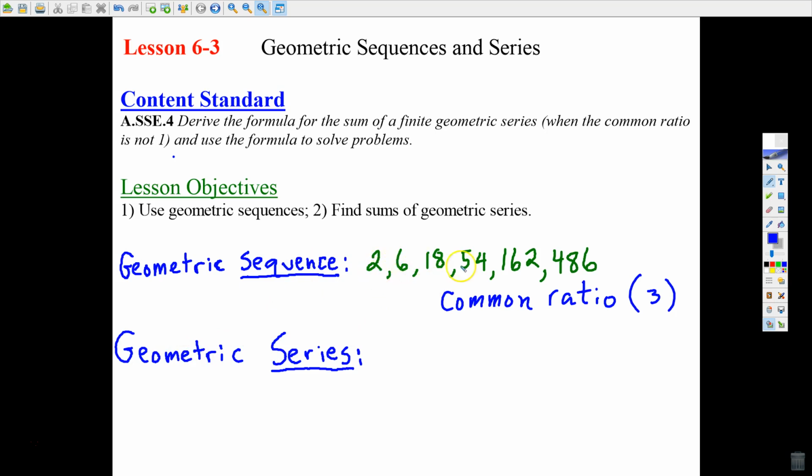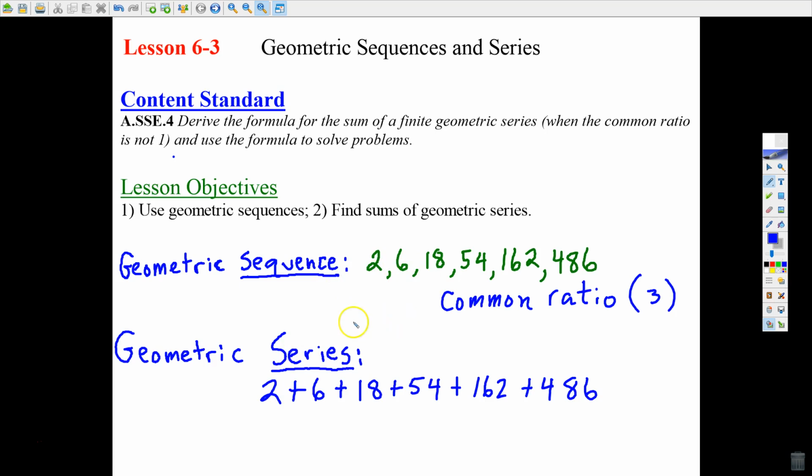Well, let's take this same sequence and turn it into a series. This is not very tough, because here's a series: same numbers, I'm just going to show that they're going to be added up. If you've got your calculator, maybe somebody can give me that sum. So a series is a sum for a particular sequence.